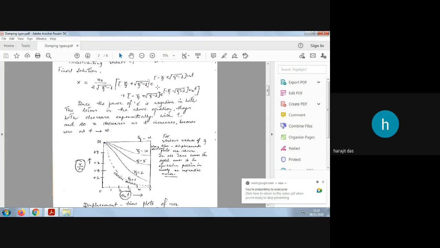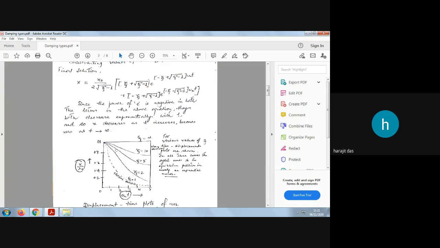And here also, plus c2 e to the power s2t, the s2 value is also negative. At the very beginning we saw that the two roots are real and negative numbers. That is why it is e to the power some negative value, and here also e to the power some negative value. That is why this exponential curve will look like this one. So it will gradually come downward with a curve.